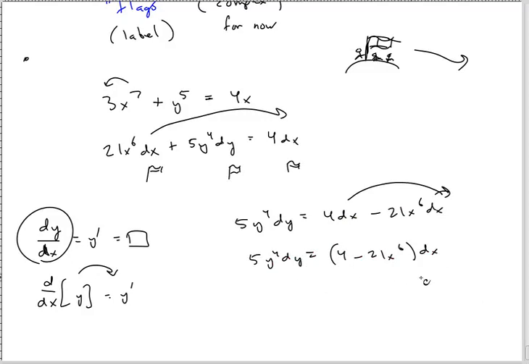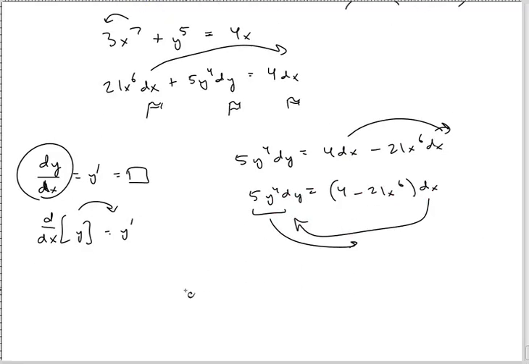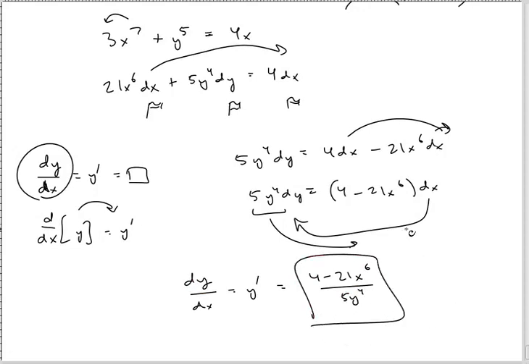Then I want dy/dx, so the dx comes over here, but the y business comes down here. And so you get your dy/dx, which is your y prime, which is 4 minus 21x to the 6, all divided by 5y to the 4th. Ta-da!